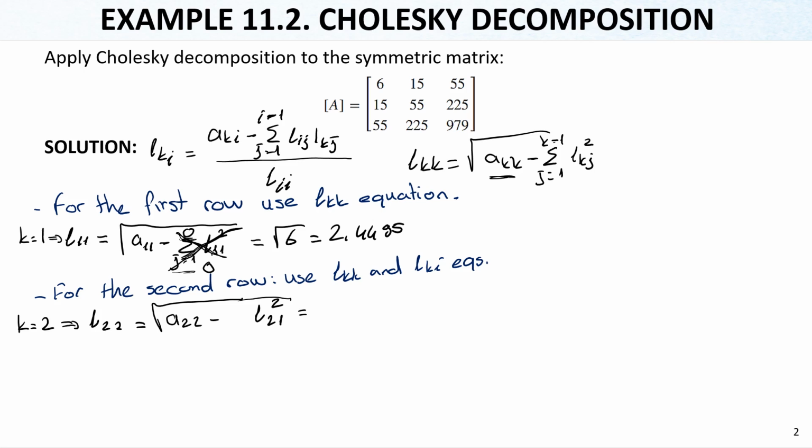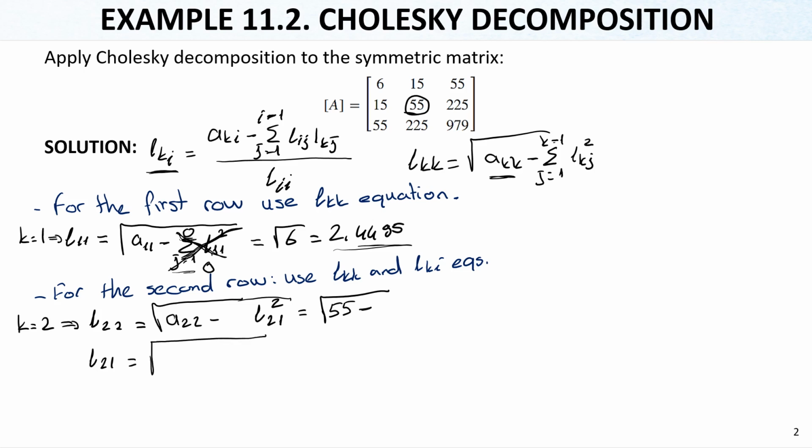Then this is equivalent to A22, basically this 55, minus L21, which is actually this value because we already found this. No, actually this is L11. We will need to find L21 using this equation, Lki. So let's use that. For the same k equals 2, we will calculate L21 using the first equation.